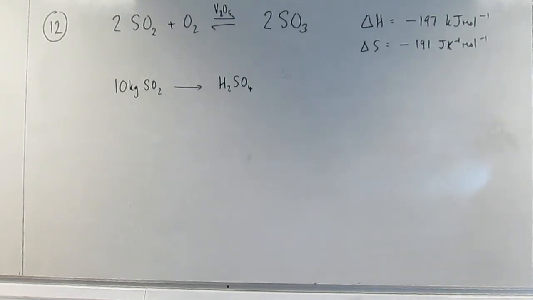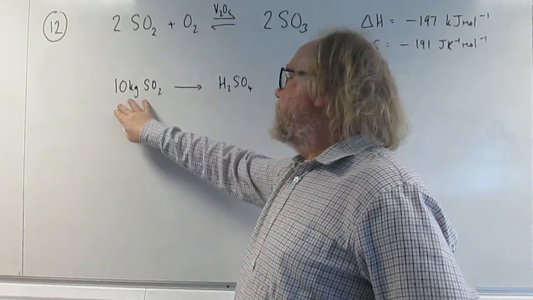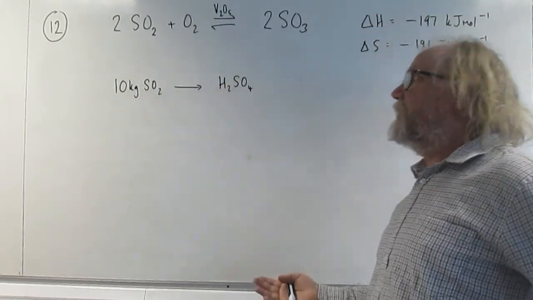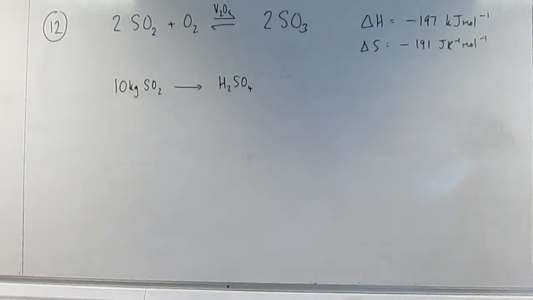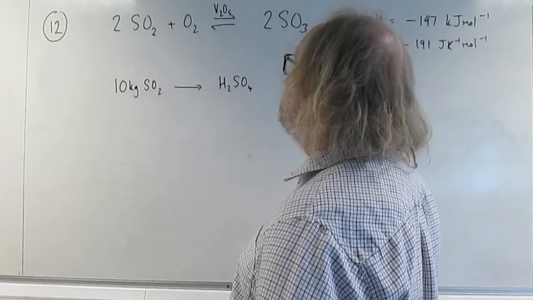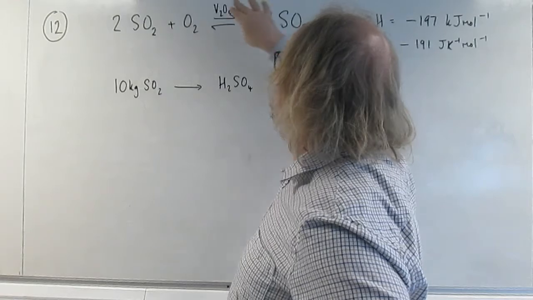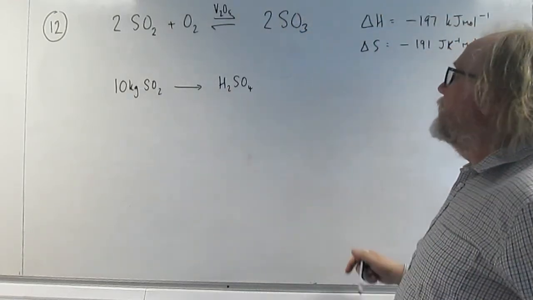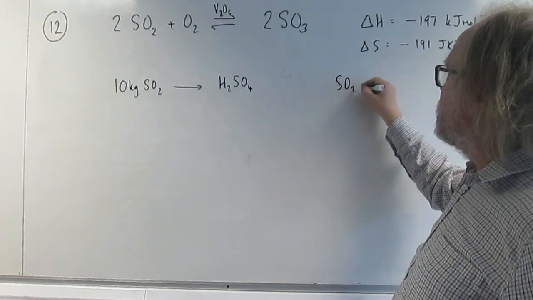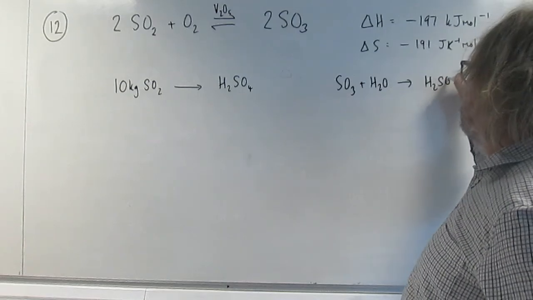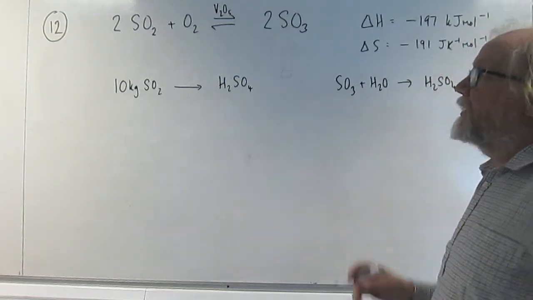This last part is just a basic mole calculation. It's got nothing to do with all the entropy and free energy stuff, and it's just saying, if we get 10 kilograms of SO2, what's the maximum amount of sulfuric acid we could get? In other words, what's the theoretical yield if we had no losses along the way? All you do is realise that for each mole of SO2, you get a mole of SO3, and then the reaction of SO3 with water to make H2SO4, again, each mole of SO3 gives you a mole of H2SO4.